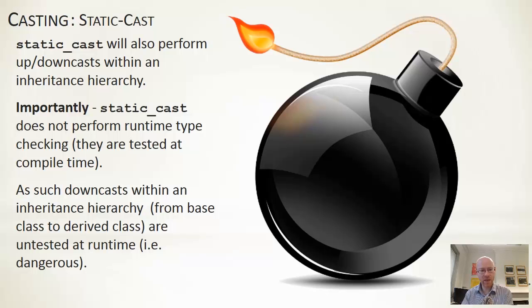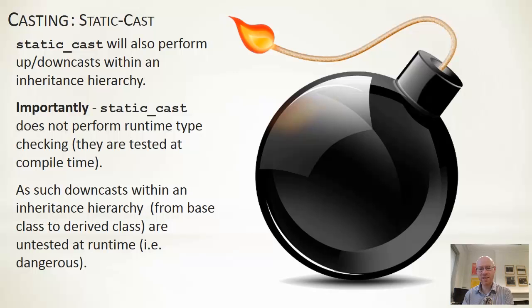If you're going that way, that's no problem. But if I have a shape and I say, actually I want to treat it as an instance of a circle, that is more problematic because maybe that shape is a circle, maybe it isn't. The only way that you're likely to know is actually to test it fully at runtime. Now, you can use static cast if you want to, if you're concerned about performance and you know that definitely this is going to be the case.